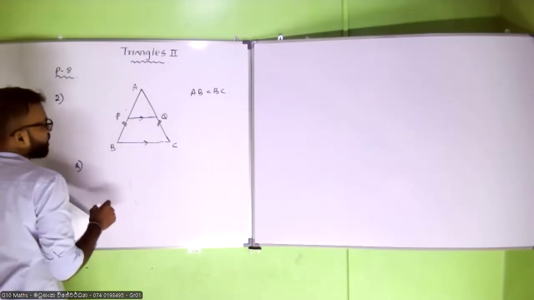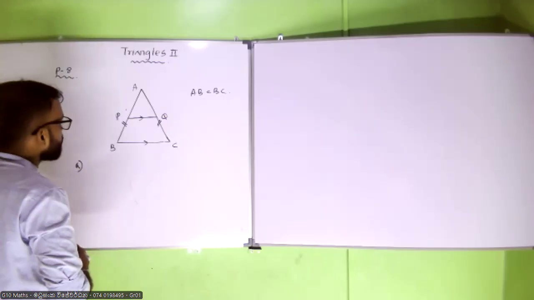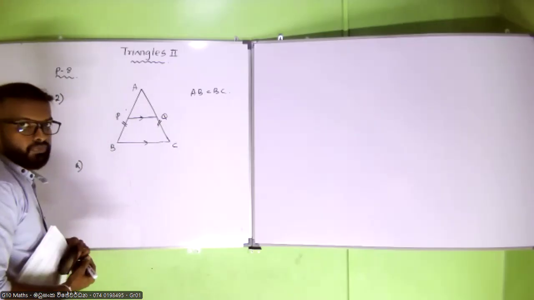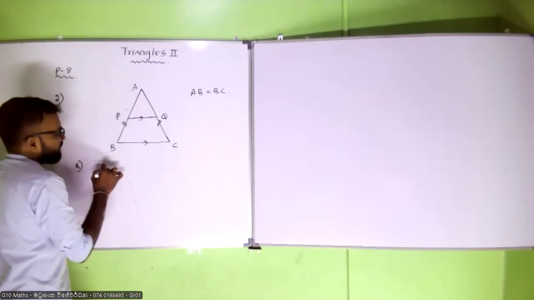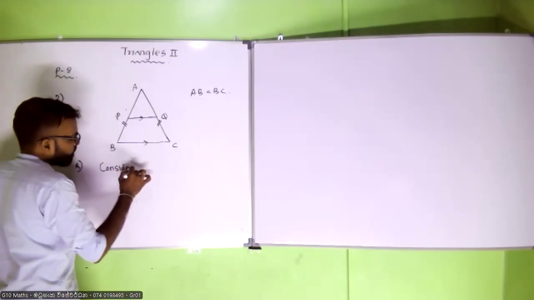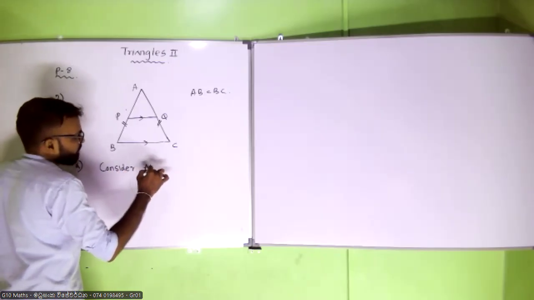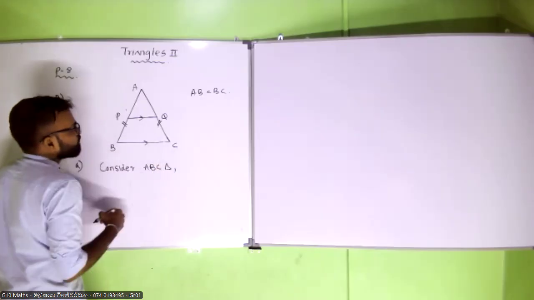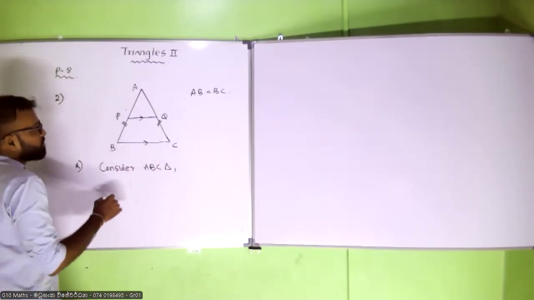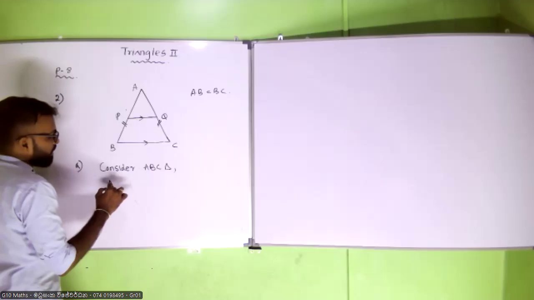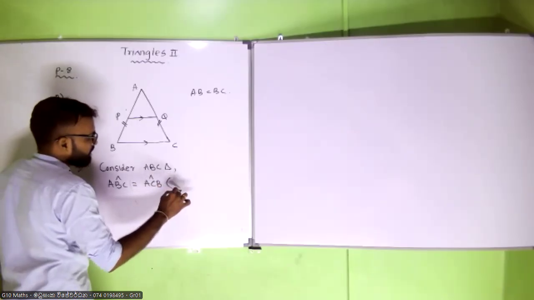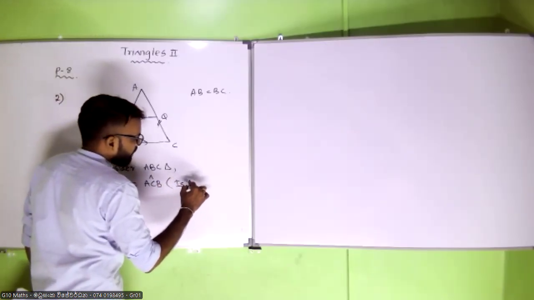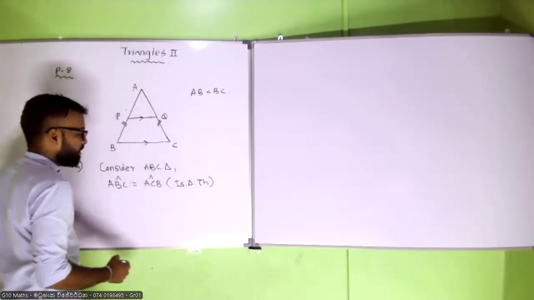So let's do what we know first of all: AB equals AC. Consider triangle ABC. From triangle ABC, I can say angle ABC equals angle ACB. The reason is the isosceles triangle theorem.